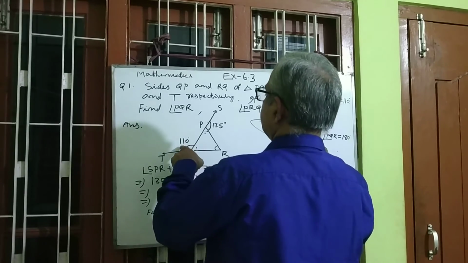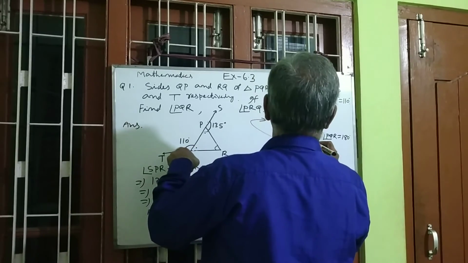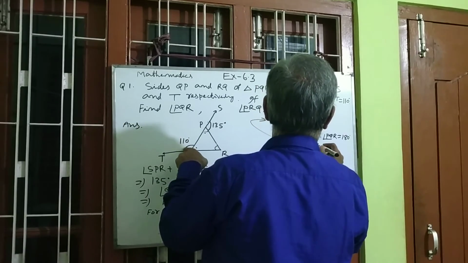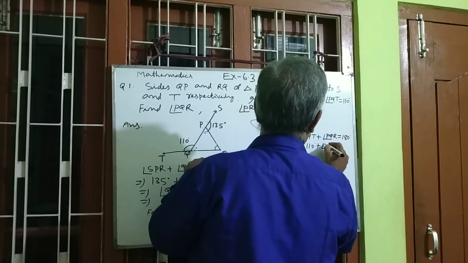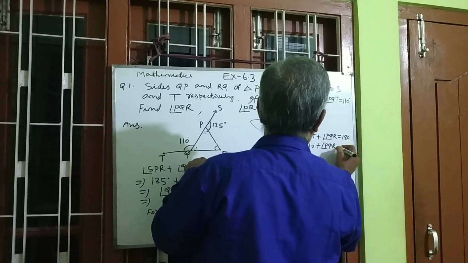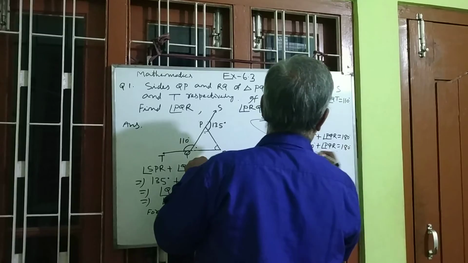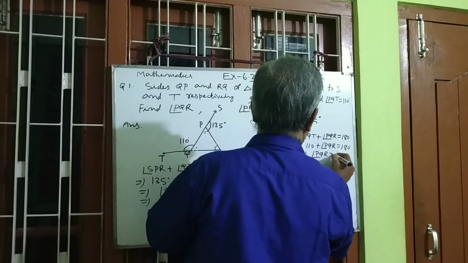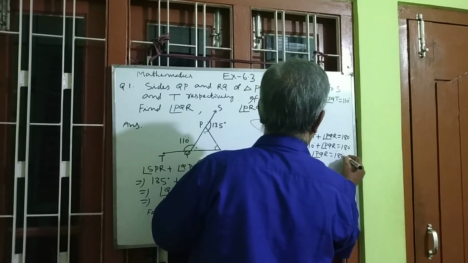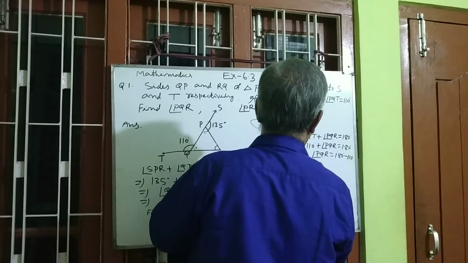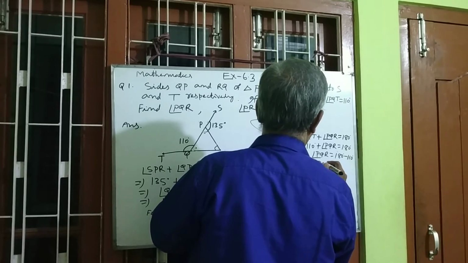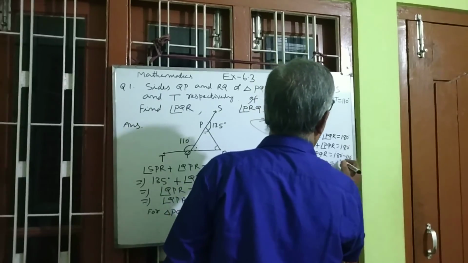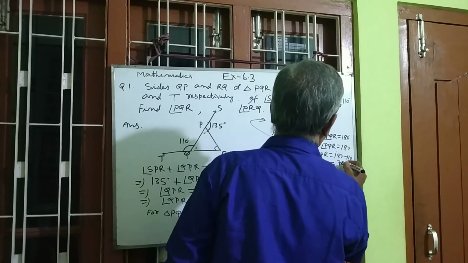PQT is earlier given as 110 degrees, plus PQR, which is not given, is equal to 180 degrees. So PQR is equal to 180 degrees minus 110 degrees. So you got angle PQR is equal to 70 degrees.